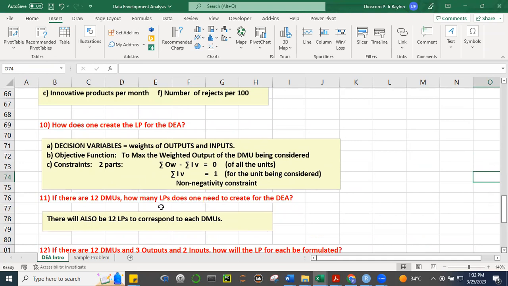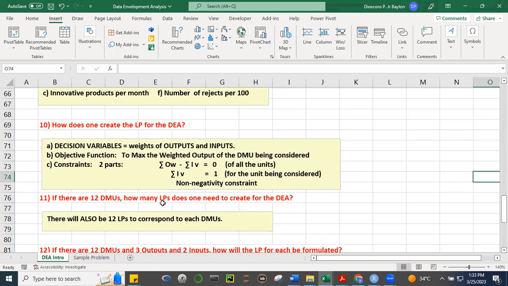How about the linear programming models? This is something that's different for DEA. Whereas in the other LPs that we have studied, we have only one LP, for DEA, if you have 10 units, then you will have 10 linear programs. Why?